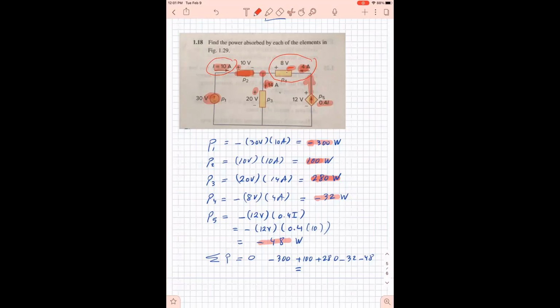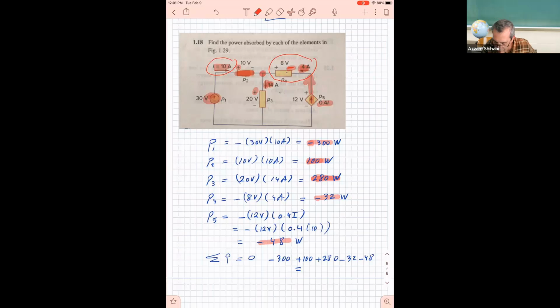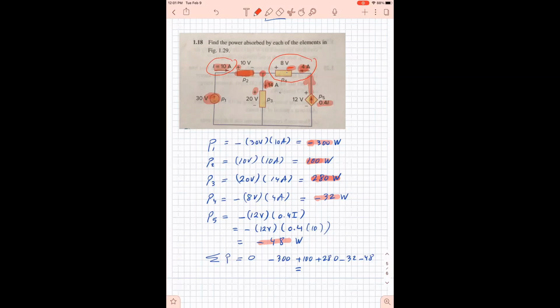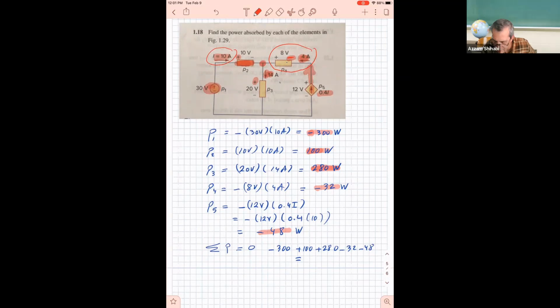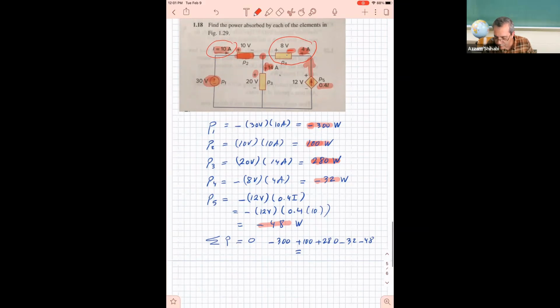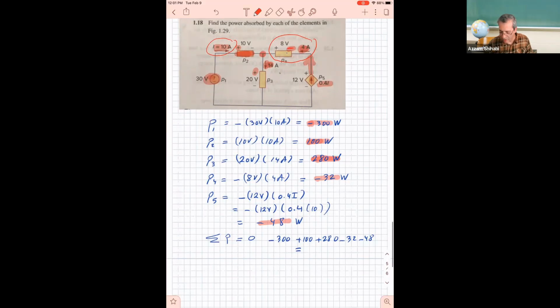Is there a way for me to know by convention? No, if they do not show you the negative positive, you can't tell. You will be given the polarity and the direction of the current, and based on that, you will be able to determine whether the power is negative or positive.